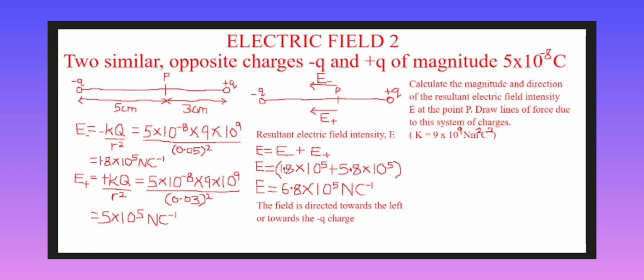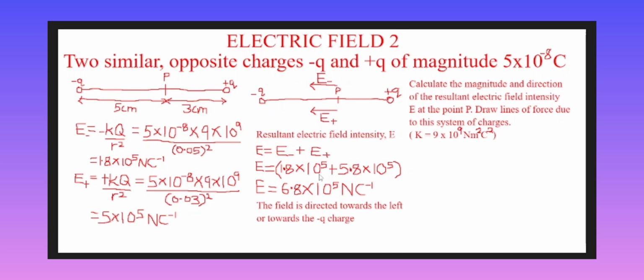Okay, good. And that gives me my E minus is 1.8 times 10 raised to power 5 Newton per coulomb, and my E plus is 5 times 10 raised to power 5 Newton per coulomb. Okay, so when I add, I will just add 1.8 plus 5, and that will give me 6.8.